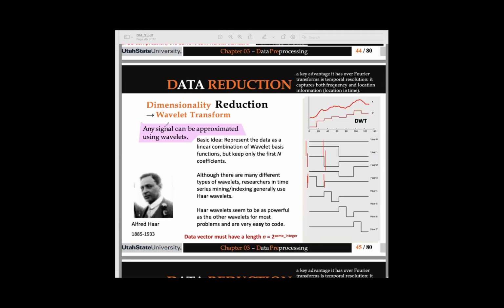While if you look back at the case of the Fourier transform, you won't see much, right? You will see just a sine curve over here, nothing going on. It's just a frequency sine curve without telling me much about what happened in that particular segment in time. So wavelets are localized.